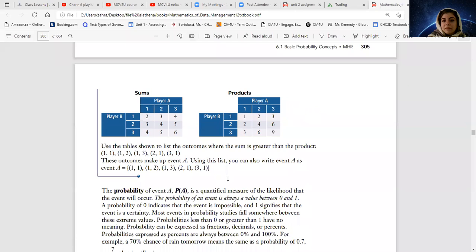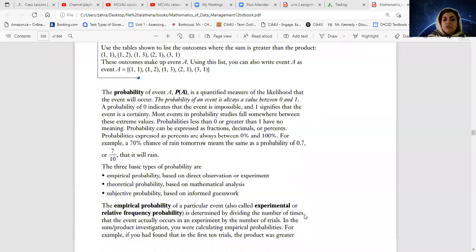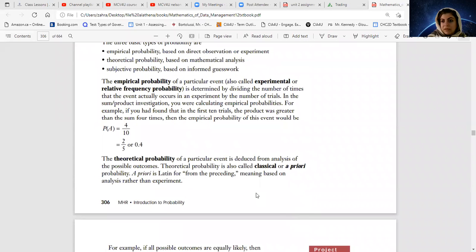So this is the theoretical probability, but when you actually do it, it would be different. You're doing that experimentally. Let's say you have a three-sided shape, with 1, 2, 3 on the sides, and you actually do it. You get two numbers, you see the product and the sum, and you see that in 4 of those 10 trials the sum is greater than the product.